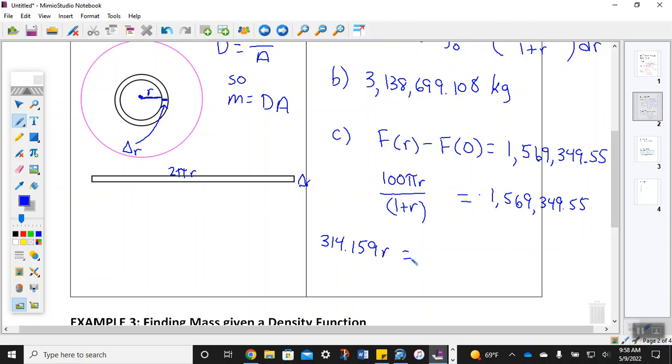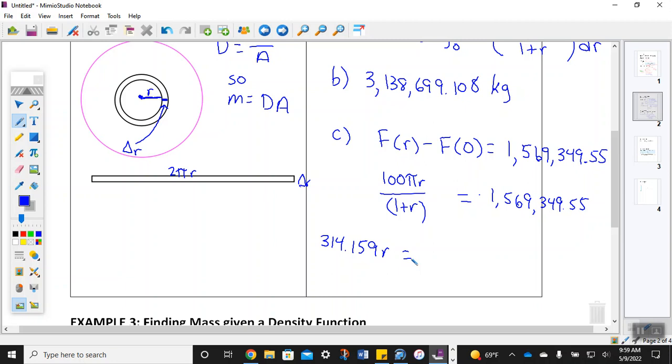Oh, I've got a problem here, guys. We've got to find an antiderivative. I don't really want to do it that way.